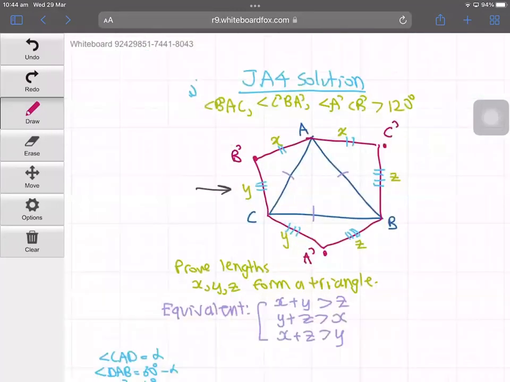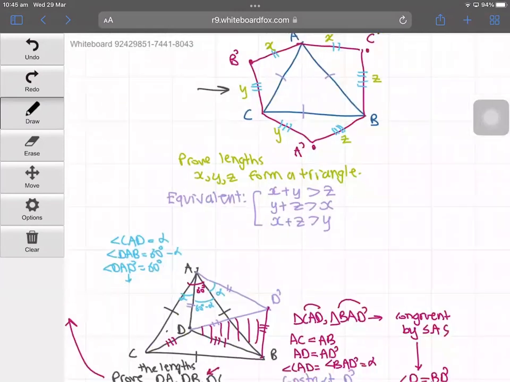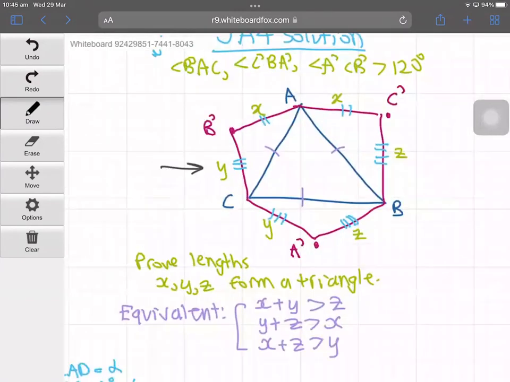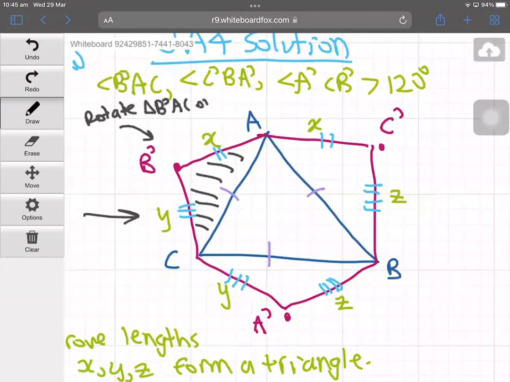And now for the original question, what we can do is try to apply this lemma here. And what I'll do is I'm going to rotate. If you look at this triangle here, I'm going to rotate triangle B prime AC onto side BC.